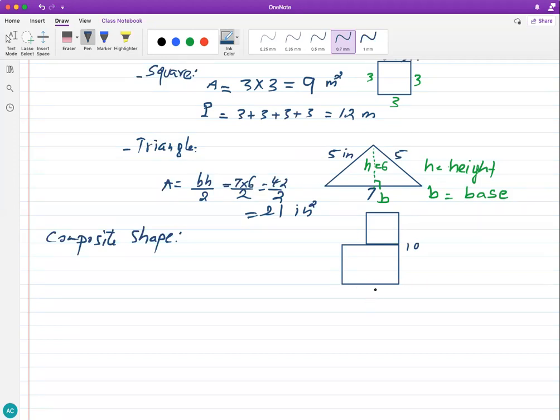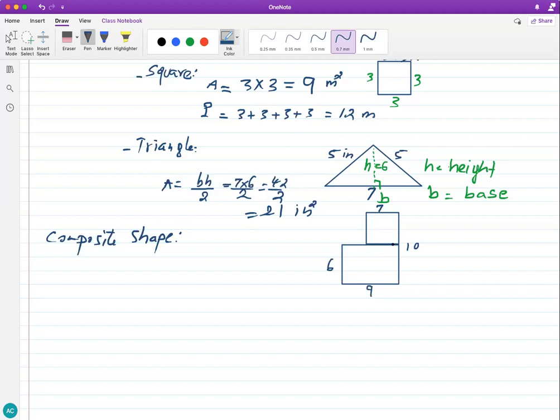Maybe we have a 9 here, and possibly 6 over here, and also 3 here, maybe 7. So now this, again, doesn't have a name. It's a composite shape. It doesn't have a formal name or a regular shape. Let's find both the perimeter and the area of this weird shape.